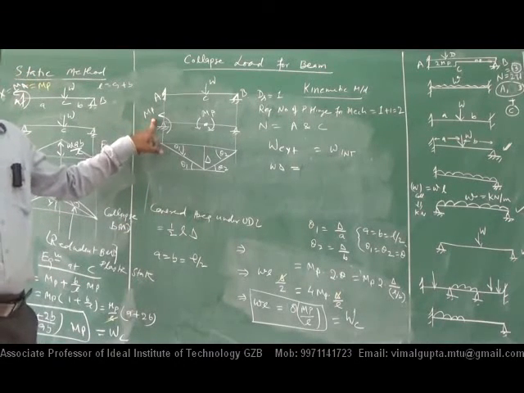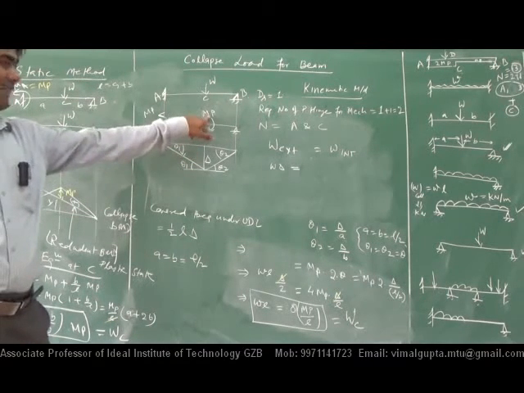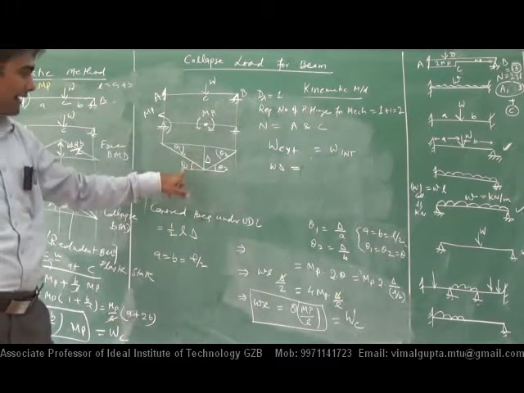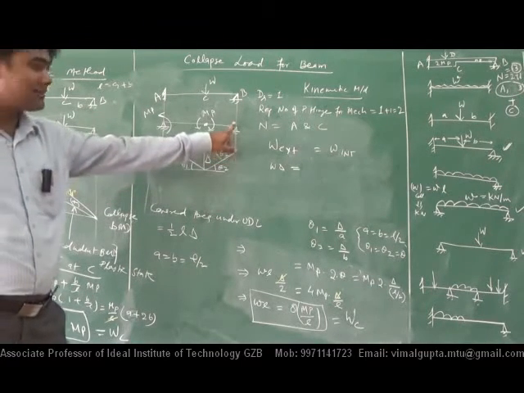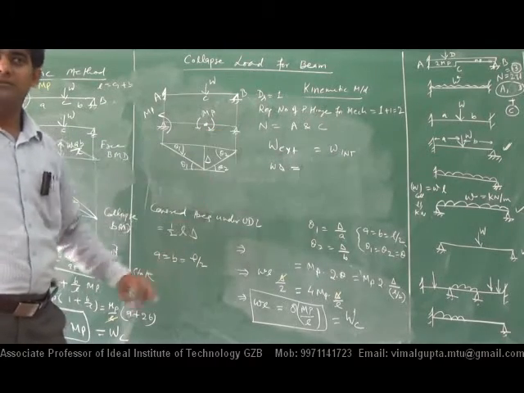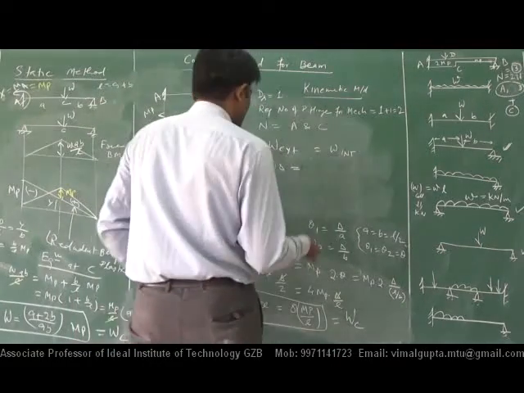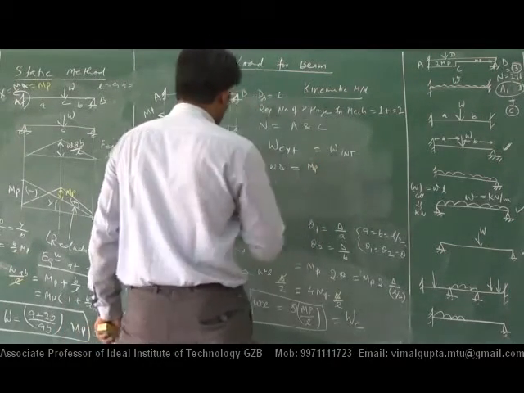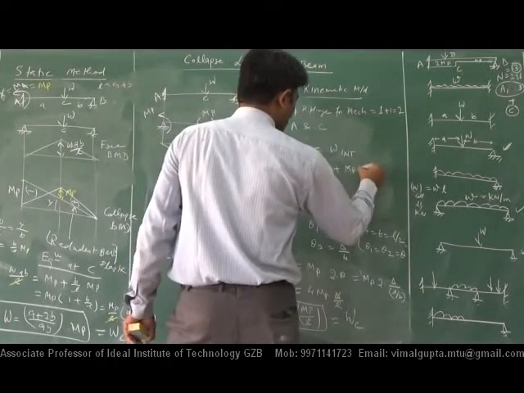That will be considered here: MP into theta 1 plus MP multiplied by theta 1 plus theta 2. The other part has nothing, because it does not have any plastic moment. Okay? Clear? So write it.